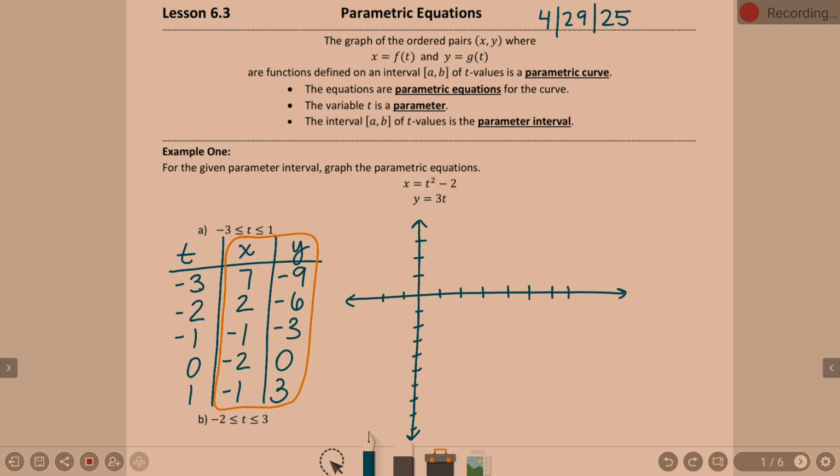So the ordered pair 7, negative 9. I'm going to go right 7 and down 9. The ordered pair 2, negative 6. Right 2 and down 6.